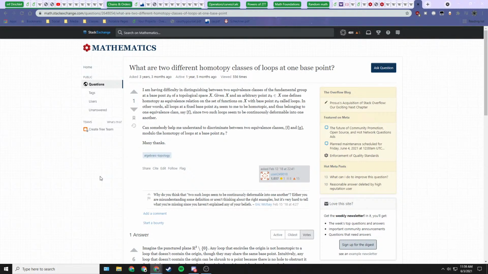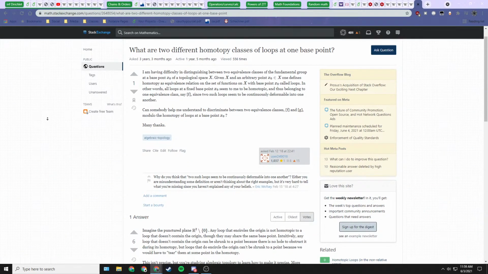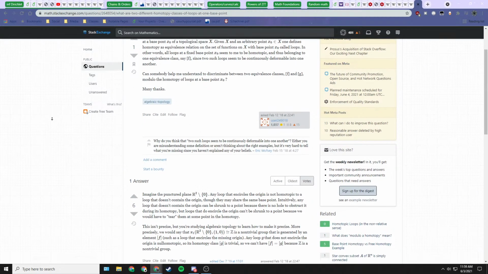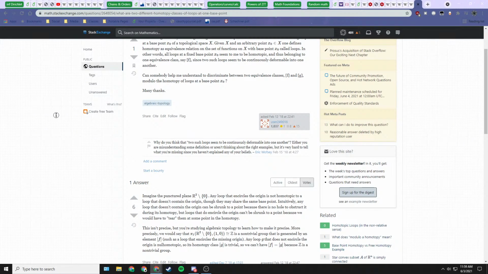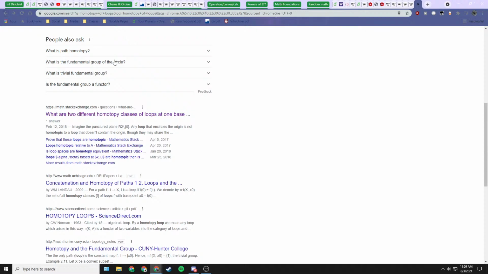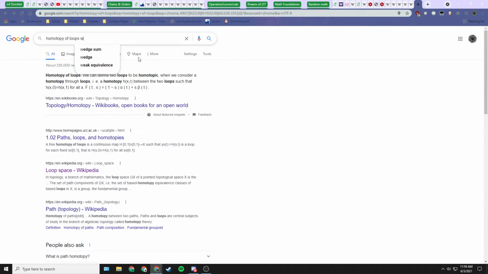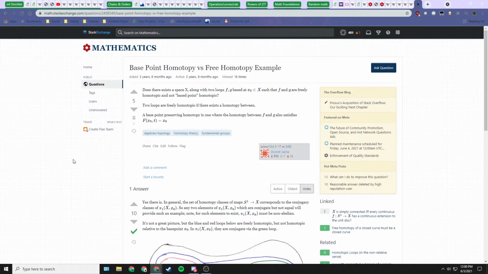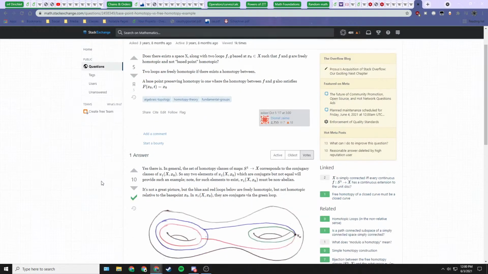Usually when you go through topology, you learn about homotopy of loops with fixed endpoints. Yeah, it was a while ago for me. I don't remember if we did.